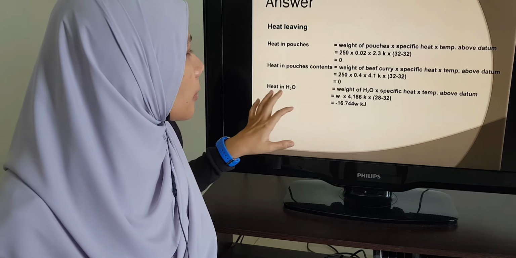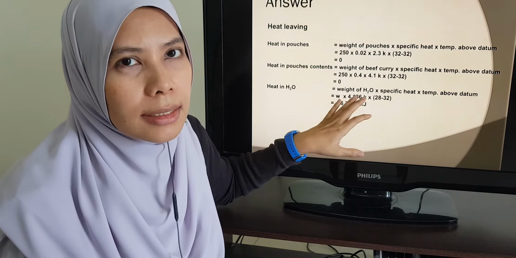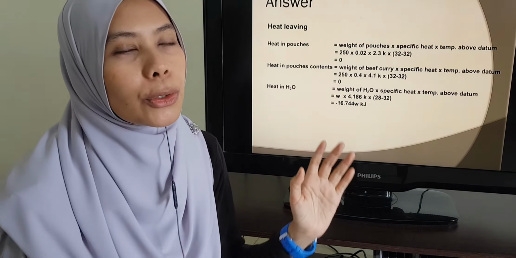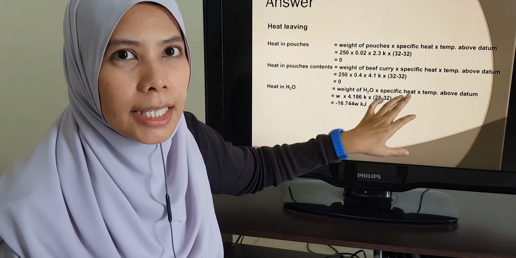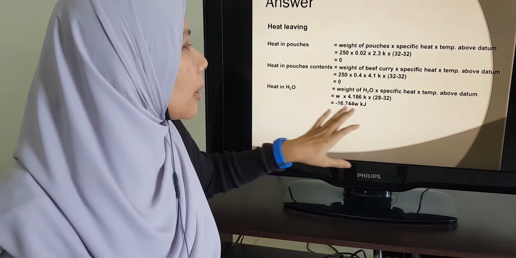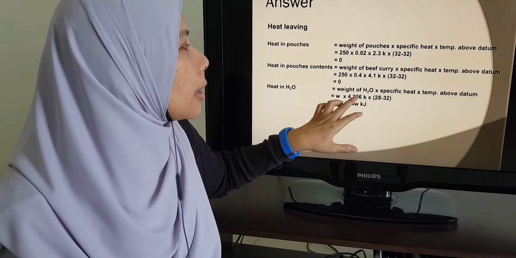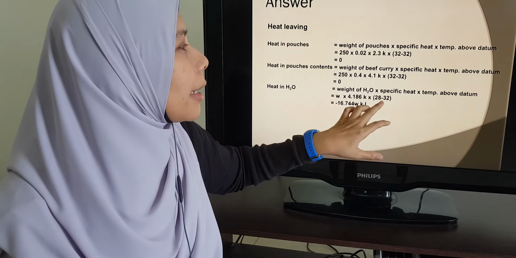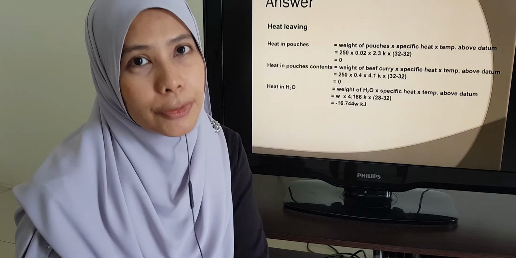And then for the Q of water, again, the mass of water we do not know, times specific heat times temperature above datum. So W, the mass of water, is unknown. The specific heat has been given, and the temperature of the water is given in the problem statement as well.